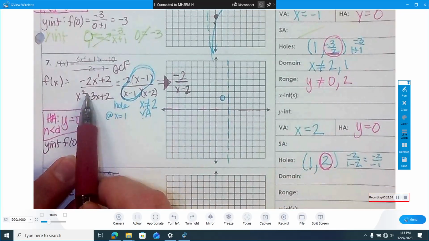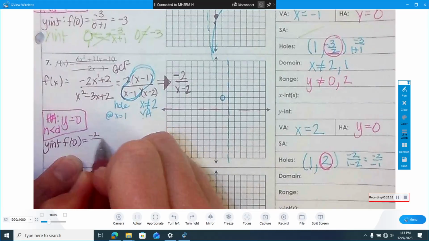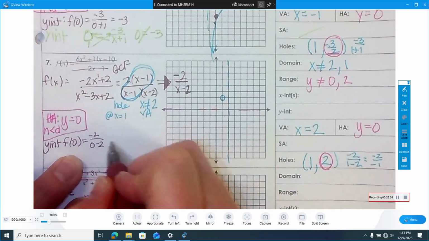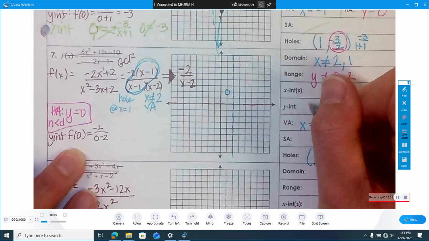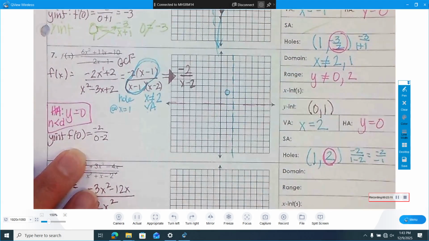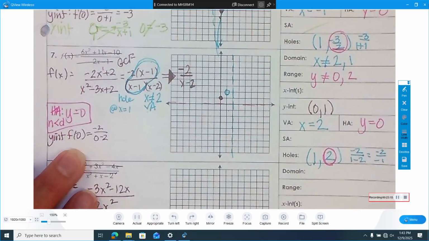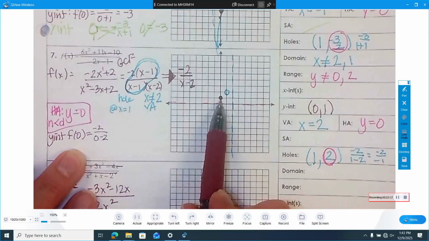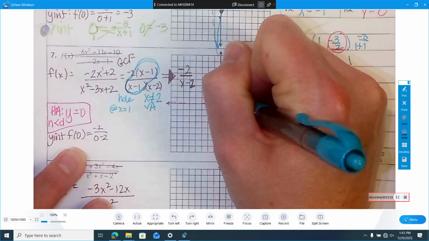Do you want to plug it in at the beginning or the end? I would plug it in. Negative 2 over 0 minus 2. What do we get? Positive 1. Yes, the y-intercept is 0, 1. That's right there, 0, 1. All right. So there's part of my curve right there.